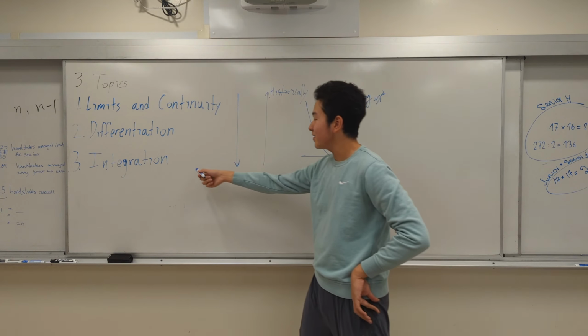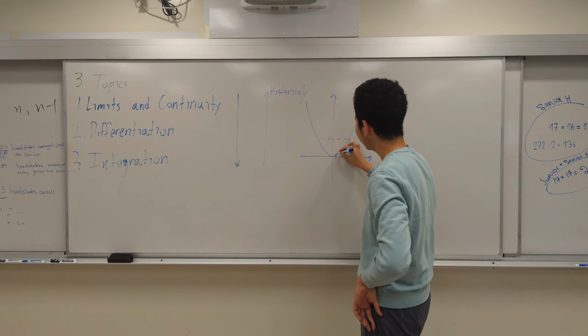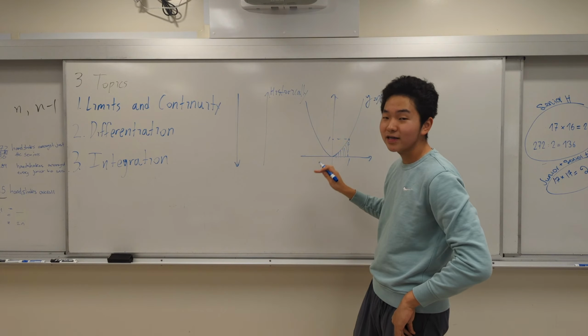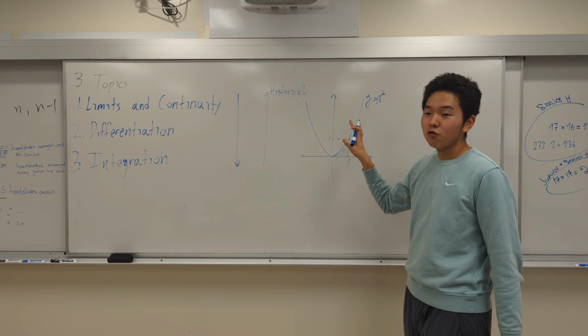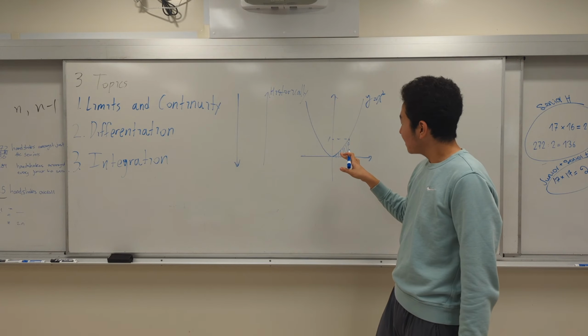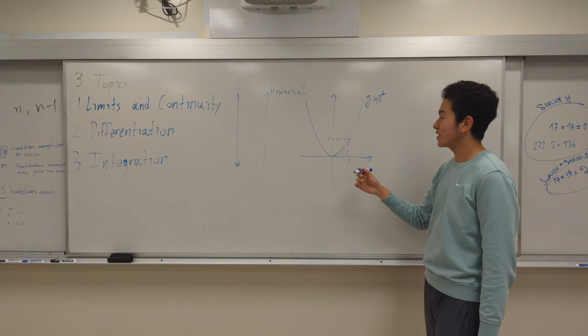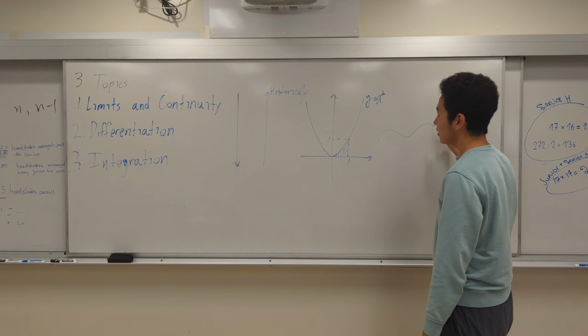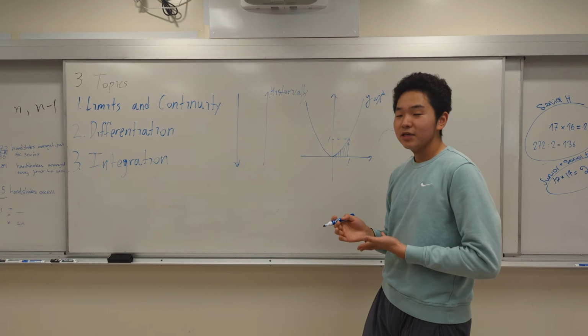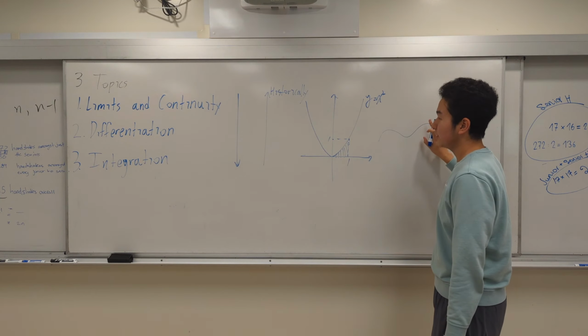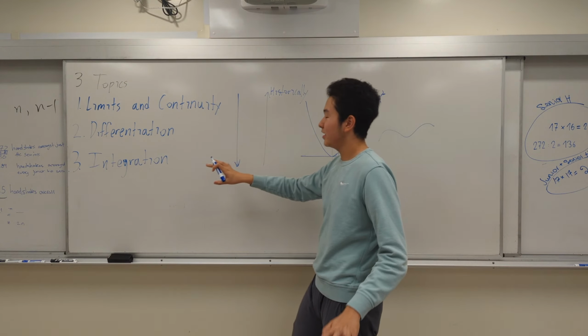So integration asks the question, what's the area underneath this curve here? Because we've sketched a lot of quadratic functions. But people were interested not just in y equals x squared, but in all sorts of weird curves and shapes. How do we find the area that involves these curves? So that's the main idea of integration.